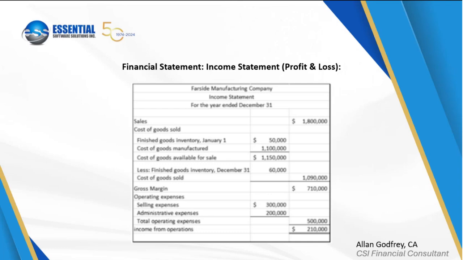The whole point of having a balance sheet and an income statement is to make it relevant information for the reader, so they look at it and it tells them something. If I look at the gross margin and I see that it's $10,000 and not 710,000, then I'm going, okay, what's wrong here?